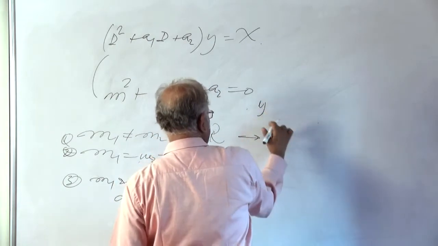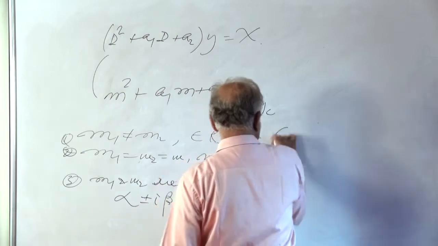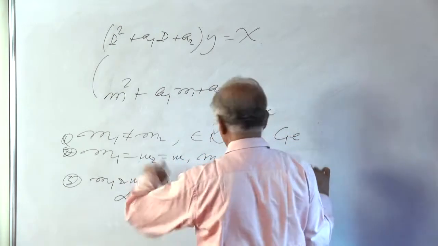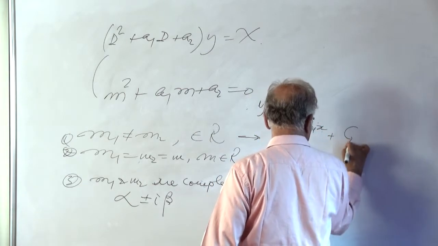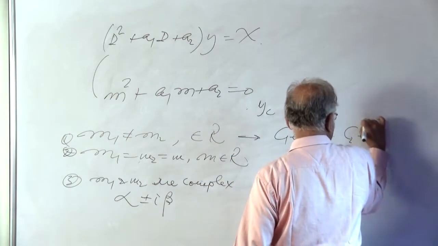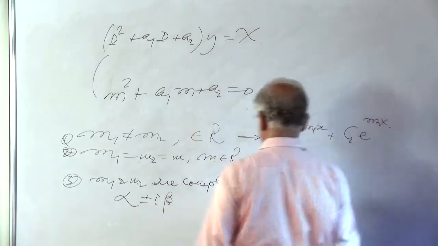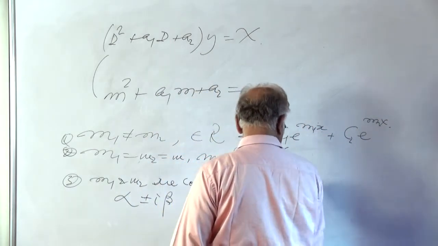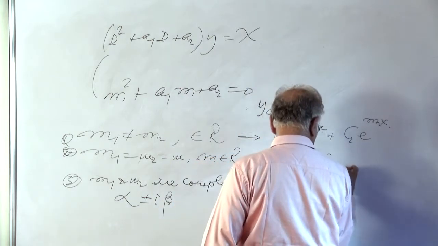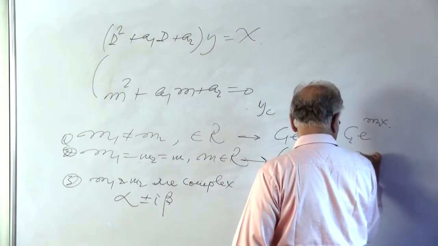In the first case, the complementary function is C1 e to the power of m1x plus C2 e to the power of m2x. The second one is (C1 + C2 x) e to the power of mx.